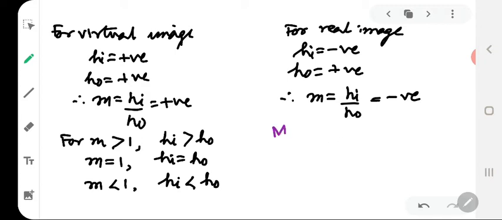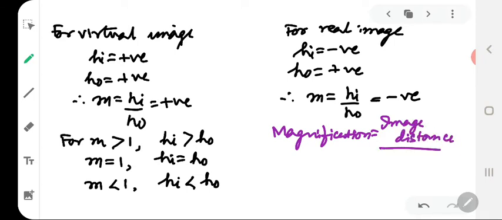So magnification is also equal to image distance divided by object distance.